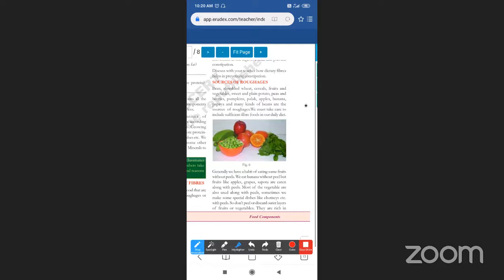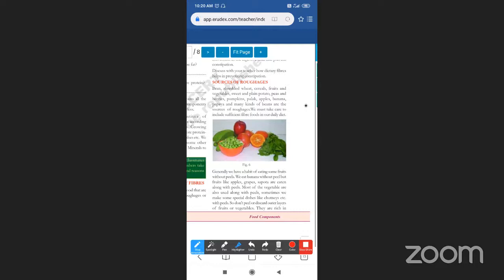Actually, the roughage and this dietary fiber content will be in the peels itself. For example, banana, sapota, mango. Such types of fruits we like to eat by removing the peels, but the dietary fibers are in the peels itself.